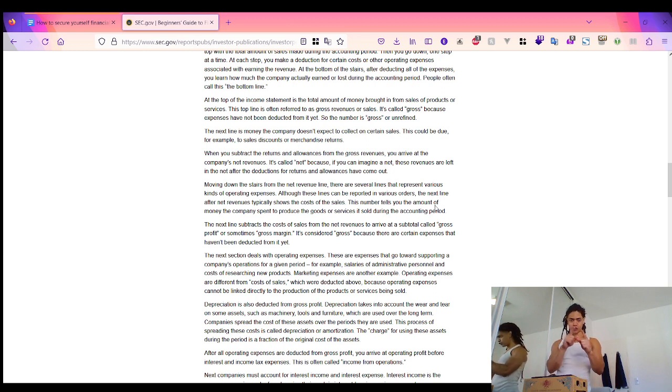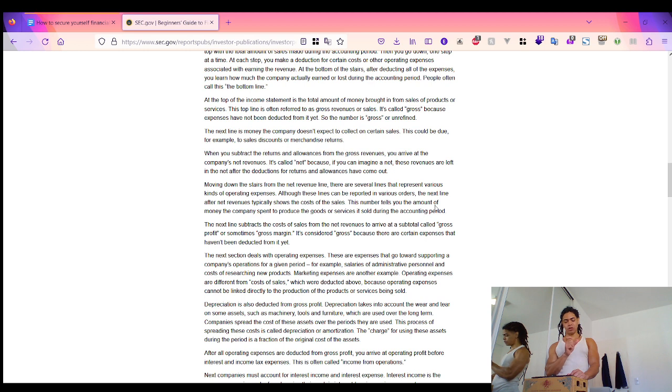Then, once you subtract the returns and allowances, or anything that someone else pays you as a fee, for example the amount of money that your parents give you monthly, which in Spanish is called una remesa or subsidios, all right?